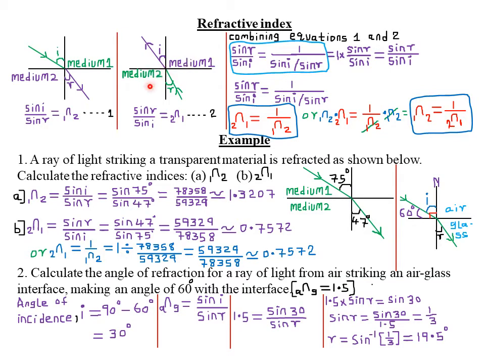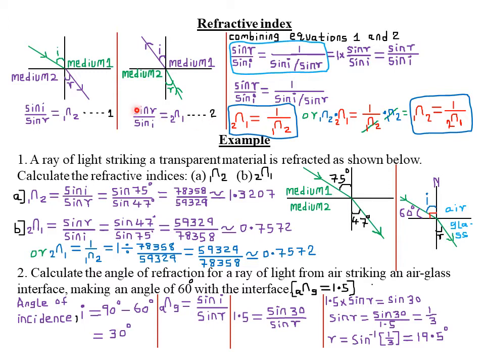Therefore, the refractive index from medium 2 to medium 1, we represent it by 2 to 1. That is the refractive index of a ray moving from medium 2 towards medium 1. Therefore, we note this as our equation 2.